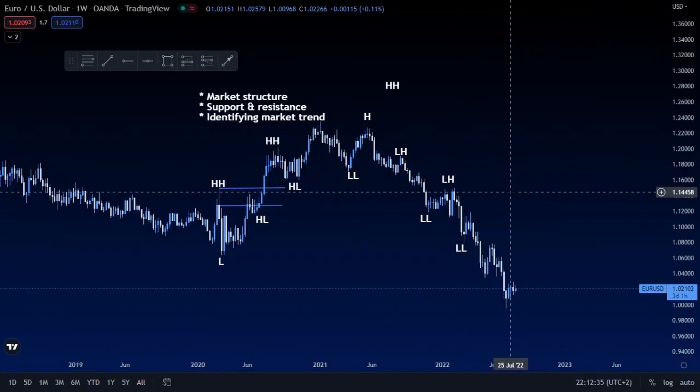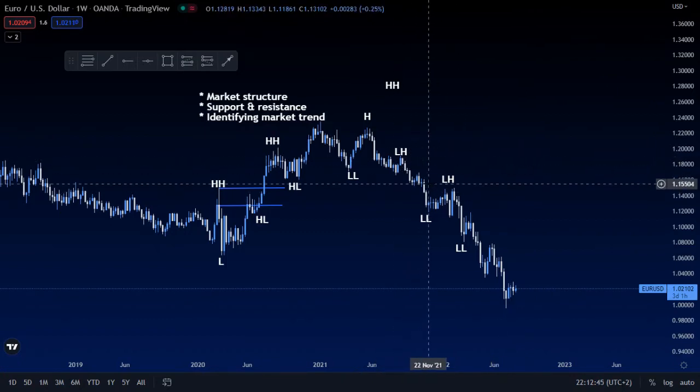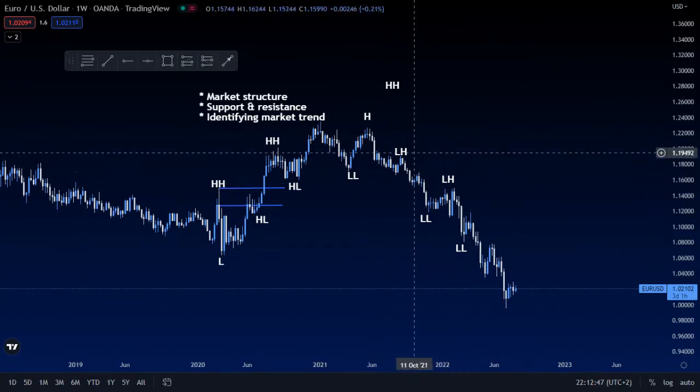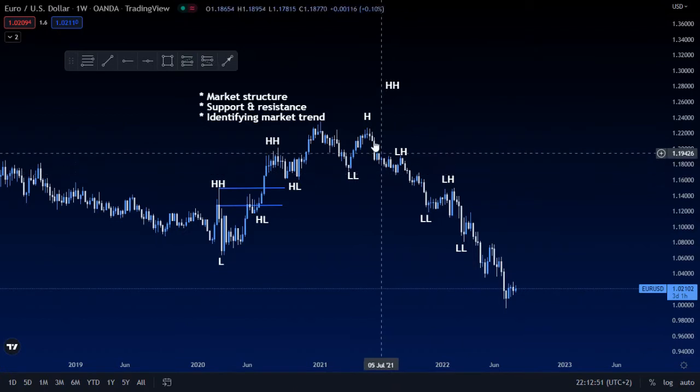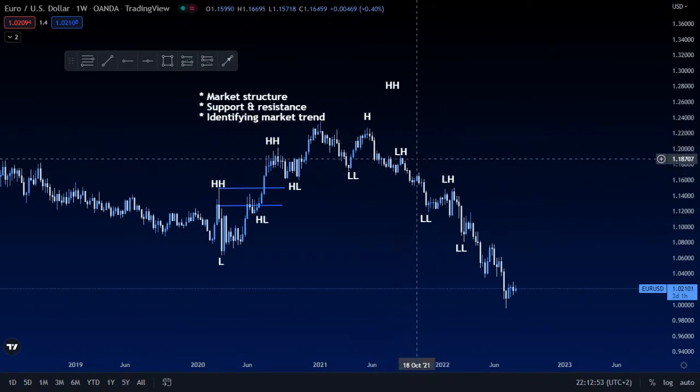Now, in this instance, what we would need to pay close attention to is that the market is moving down. We're creating lower highs and we're creating lower lows. So the market is bearish. So what we would be looking to do in terms of trade setup is to only look for short positions, right? And how we do that is by looking to sell the market when it is at resistance and to buy the market when it is at support, right?